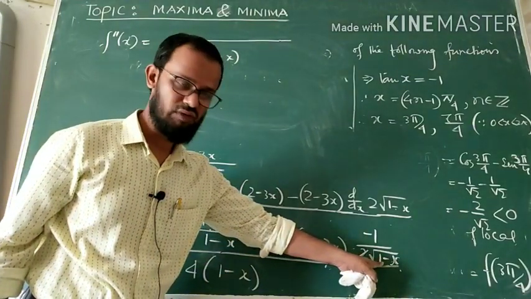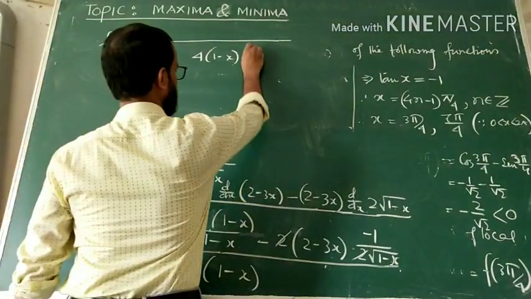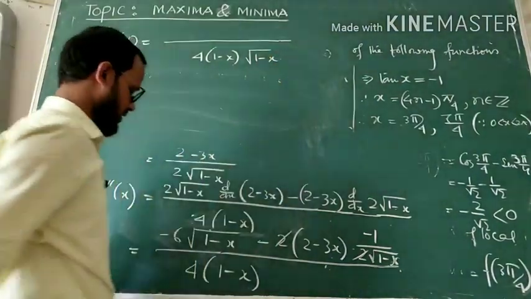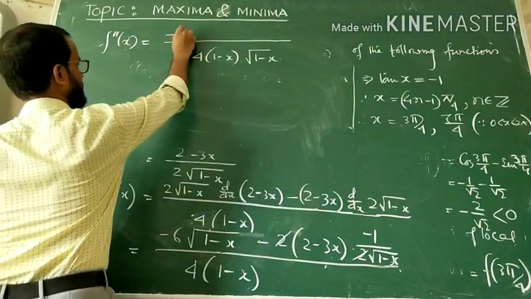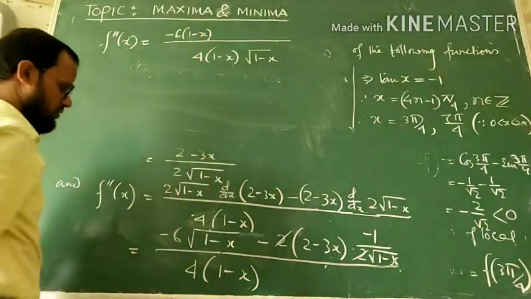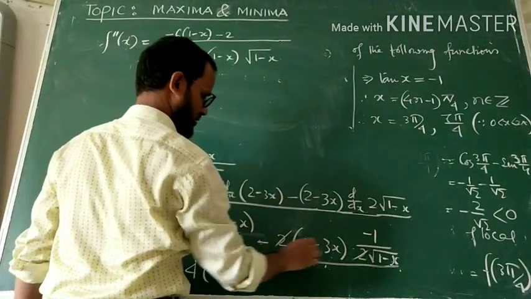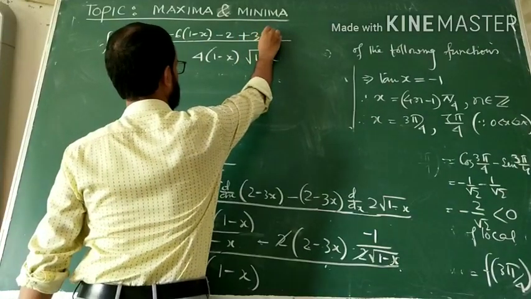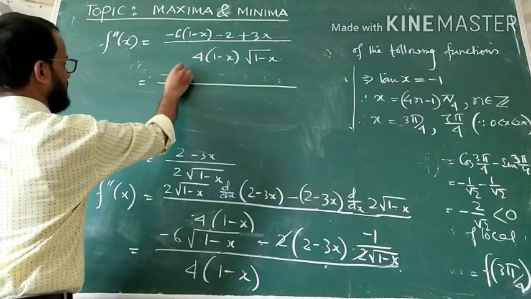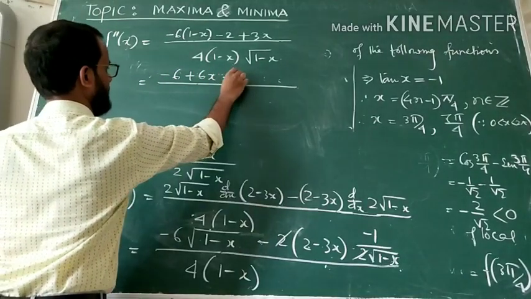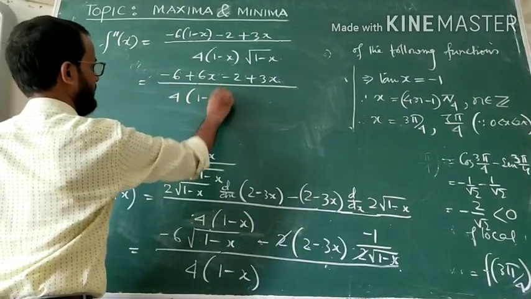The LCM is root over 1 minus x, and after taking the LCM it comes to the denominator. Do it a bit quickly, and multiplying this to this you will get minus 6 into 1 minus x. The root over cancels, minus 2, minus with minus is plus 3x. So there should be no mistake in the calculation, be very careful in calculation. That is remaining the same.